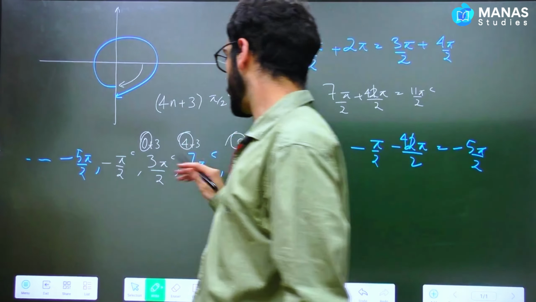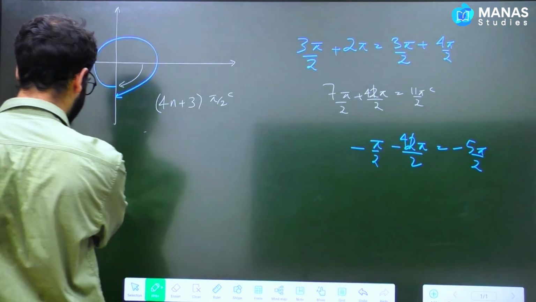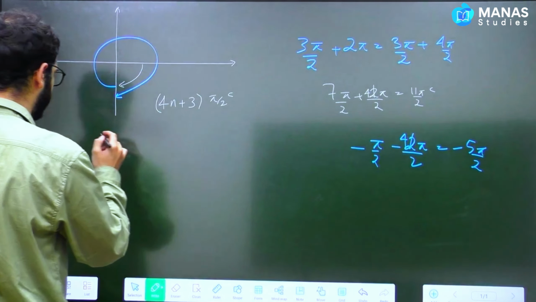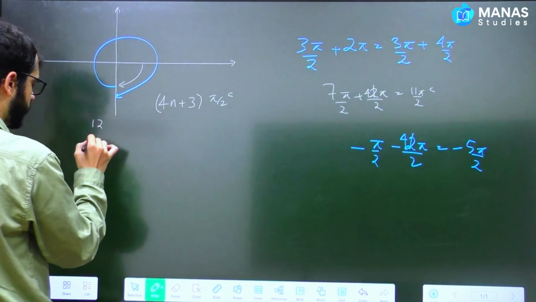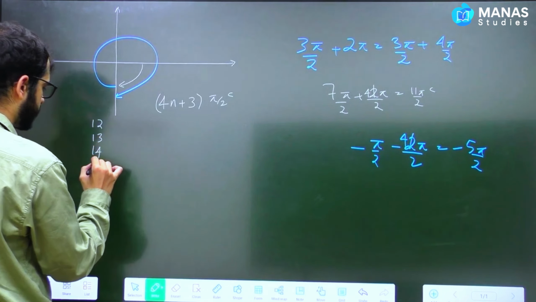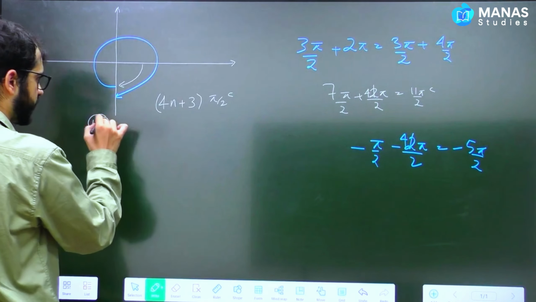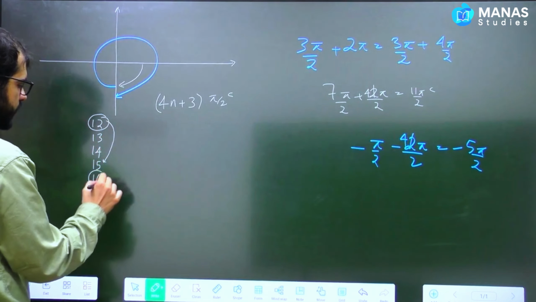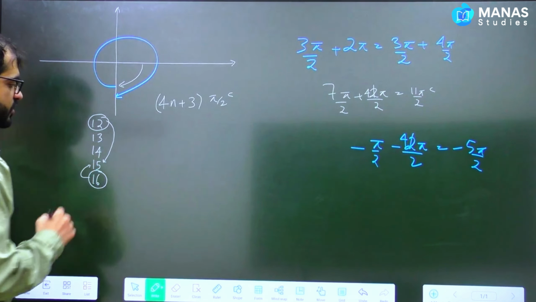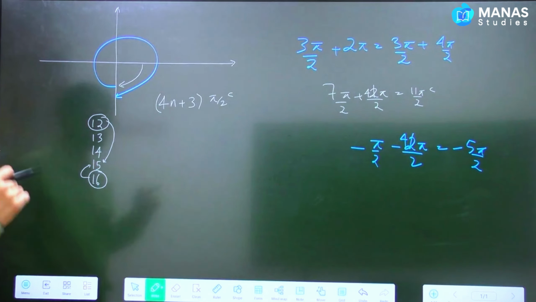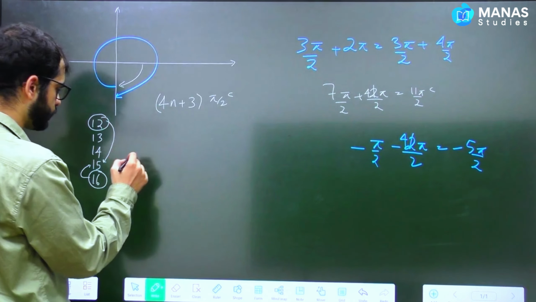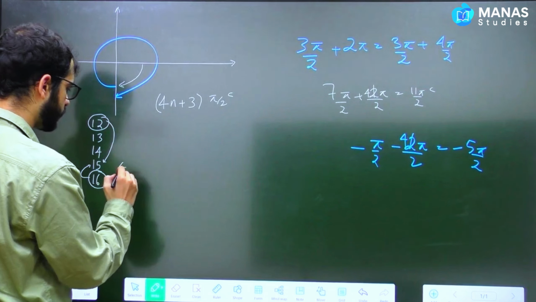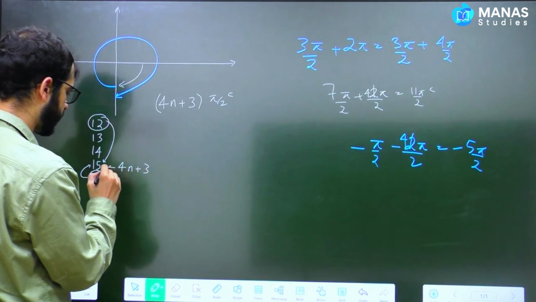Now, a similar concept which we discussed in the previous topic: if I have the numbers 12, 13, 14, 15, 16, then 4n plus 3, that is 12 plus 3, brings me to 15. And I can also say 16 minus 1 is also 15. So if I do 4n plus 3, I come to 15.